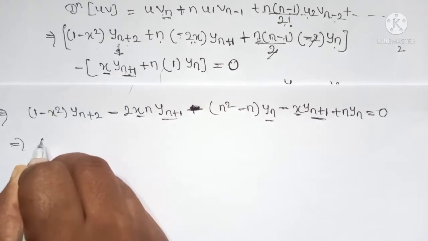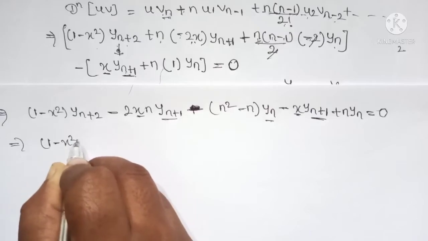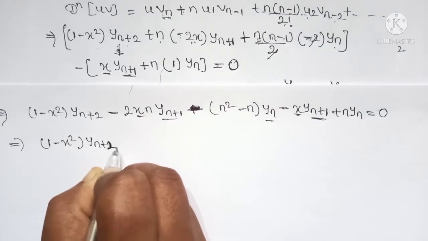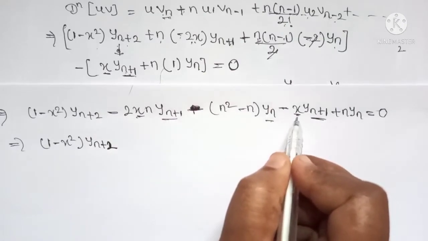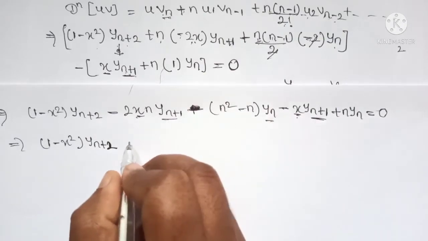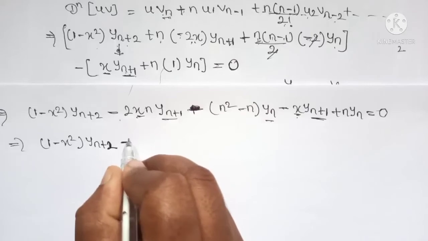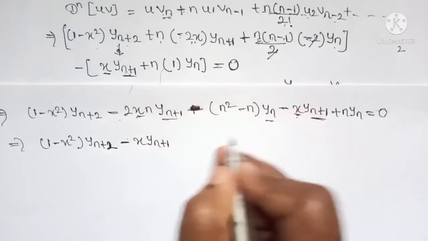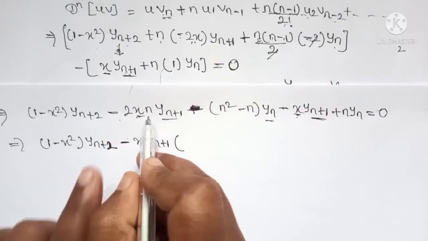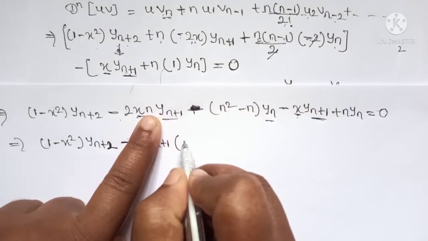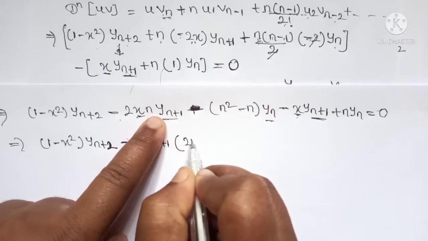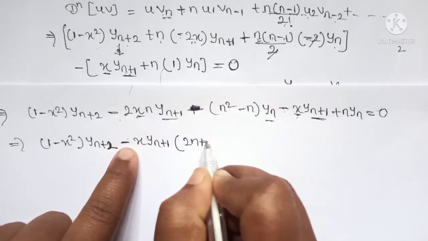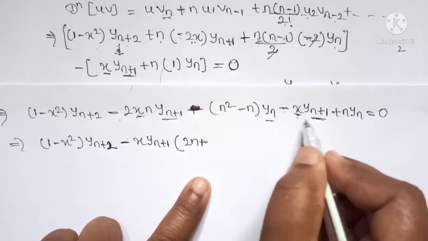So the first term as it is, 1 minus x square yn plus 2. Sorry, this is 2. In these two terms, we can take x into yn plus 1 common, even with the minus sign. On taking minus x, yn plus 1 common from these two terms, we get 2 into n, and since we have already taken the minus sign, minus into minus is plus, so here we get 1.